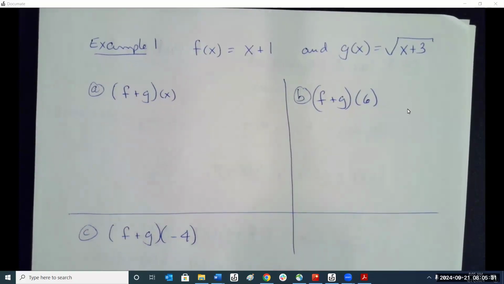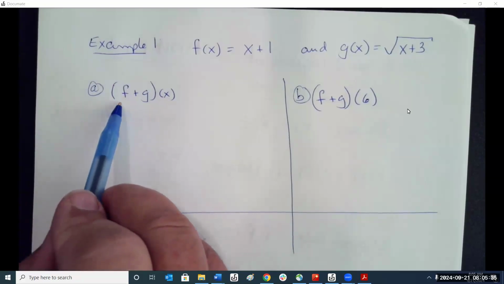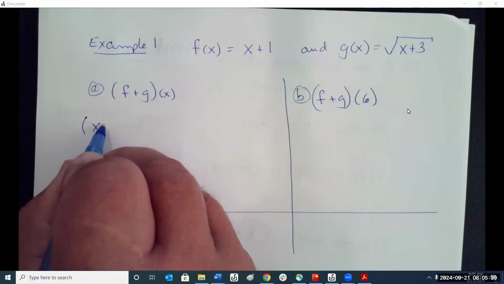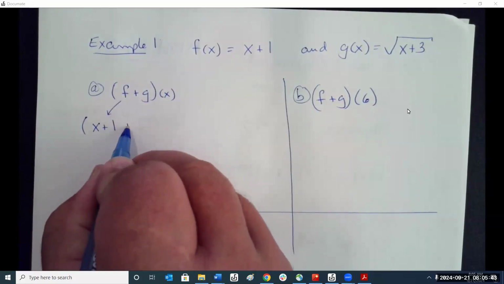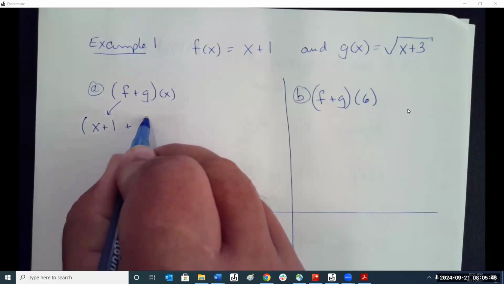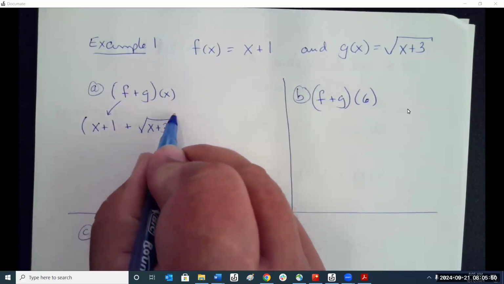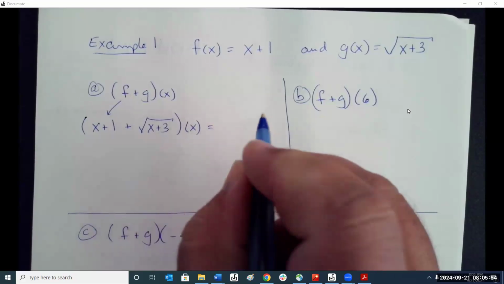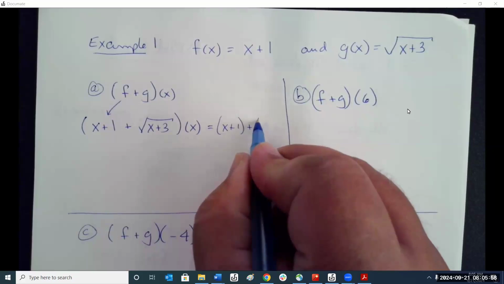All right, so let's begin. What the first one is saying is, I can first take my two functions. That's my f function plus my g function, the square root of x plus 3. Or I could take them both individually and separately.